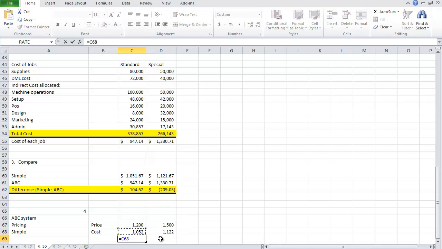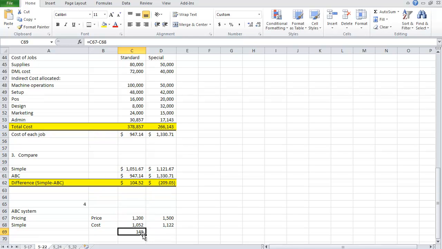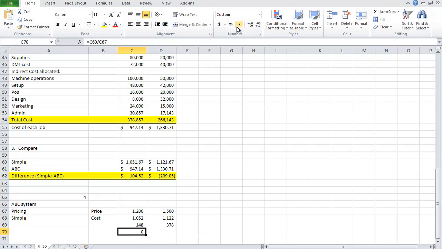And if we look at the difference of sell price minus cost, this would be the profit based on a simple system. And if we look at this as a percentage, let's put this in as a percentage. Based on a simple system, right now, we would have a 12% margin. So this would be our profit, or our gross margin. And this is our gross margin percent.